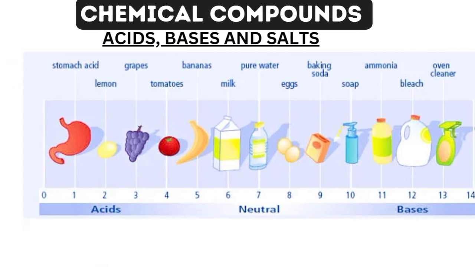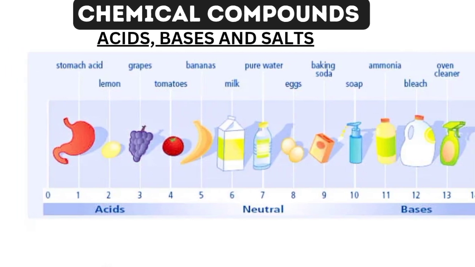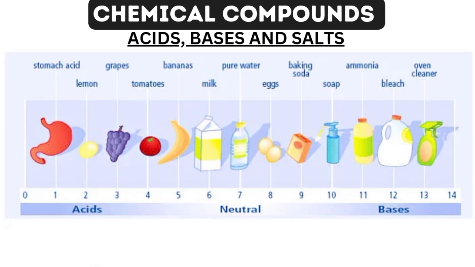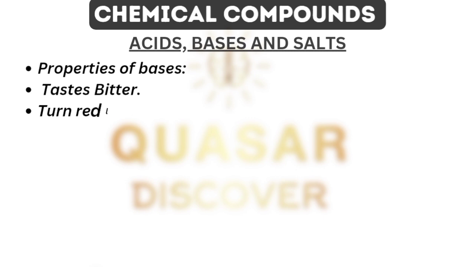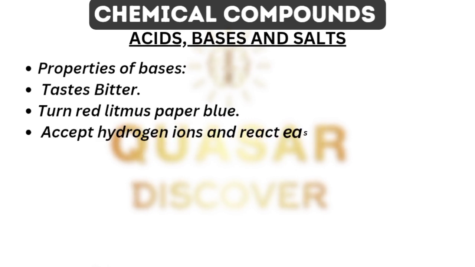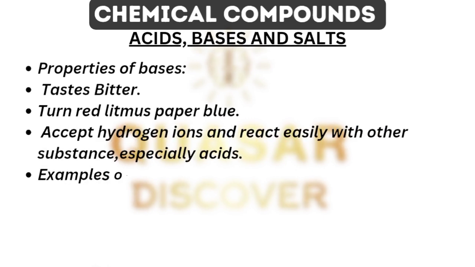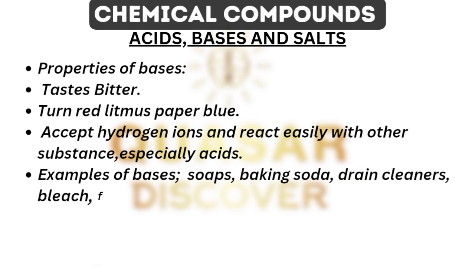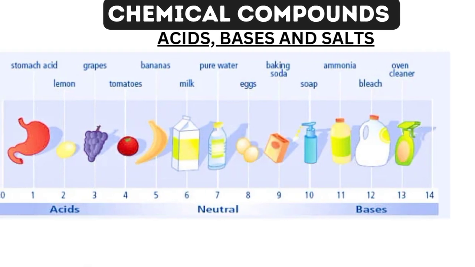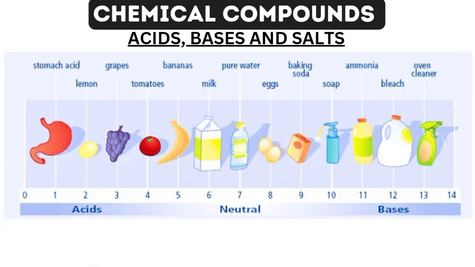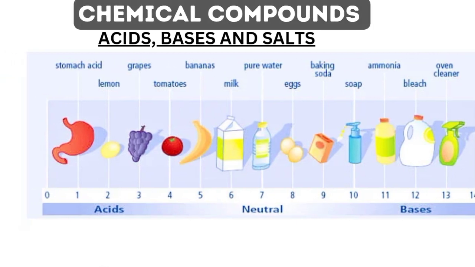Examples of acids: many fruits and fruit juices, battery acid, vinegar, stomach acid, soft drinks, and soya milk, etc. Properties of bases: taste bitter, turn red litmus paper blue, accept hydrogen ions, react easily with other substances, especially acids. Examples of bases: soaps, baking soda, drain cleaners.